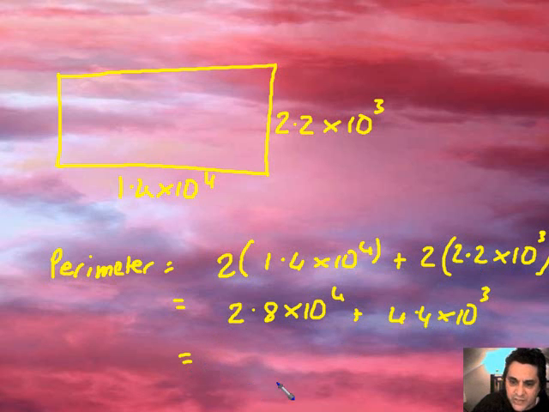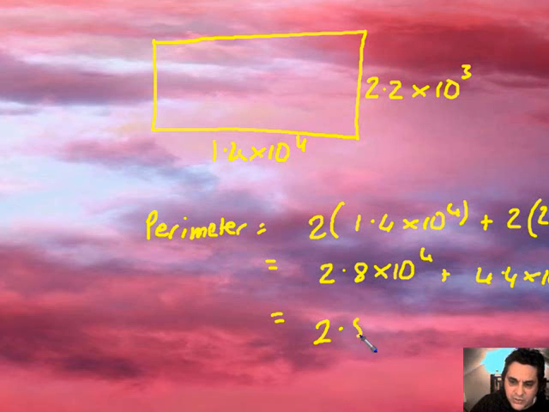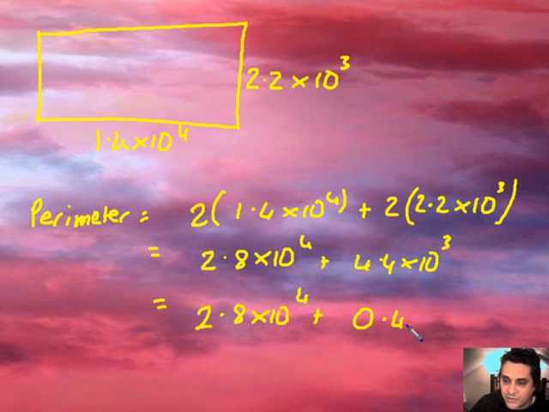Again, I'm trying to avoid using the calculator. Let's try and match the powers a little bit. So 2.8 times 10 to the power of 4 plus, well, 0.44. I took a power off, paying back, times 10 to the power of 4. Now I'm quite free to add. So what is 2.8 plus 0.44?